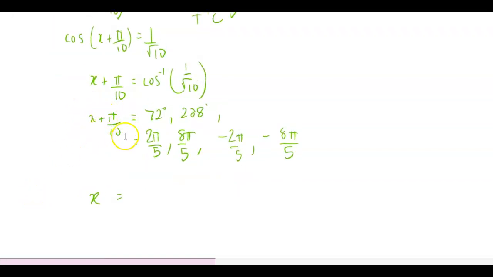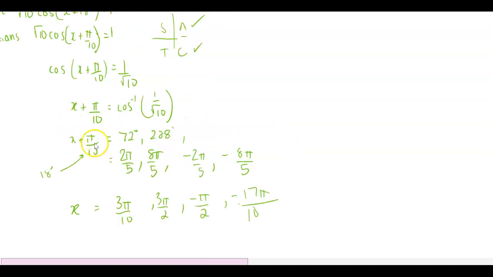So we need to take pi over 10 off each of those, which is basically taking off 18 degrees if we're thinking of it in terms of degrees. Okay, so taking 18 degrees off each of our answers we had up here. Or thinking of it in terms of radians, taking minus pi on 10 off each of those, they're going to be our answers or our solutions to that equation.